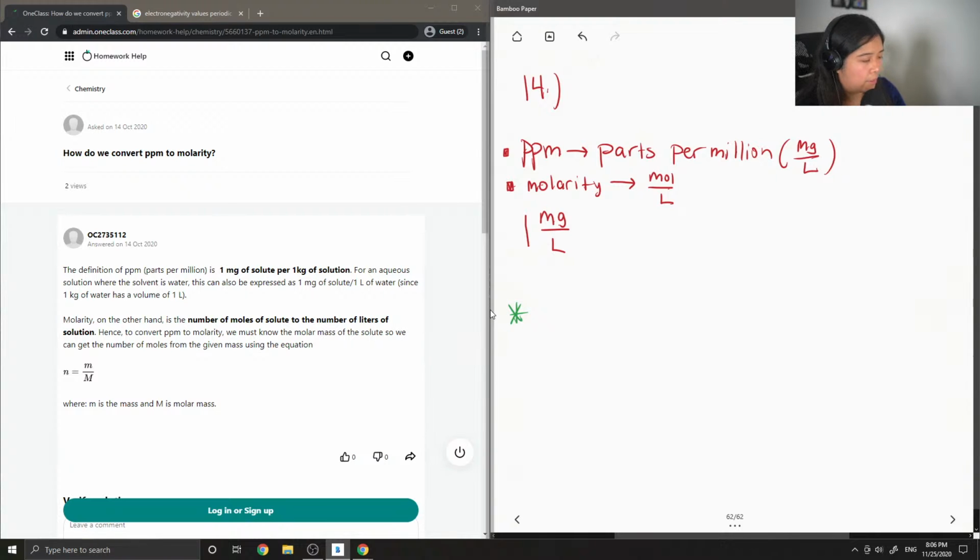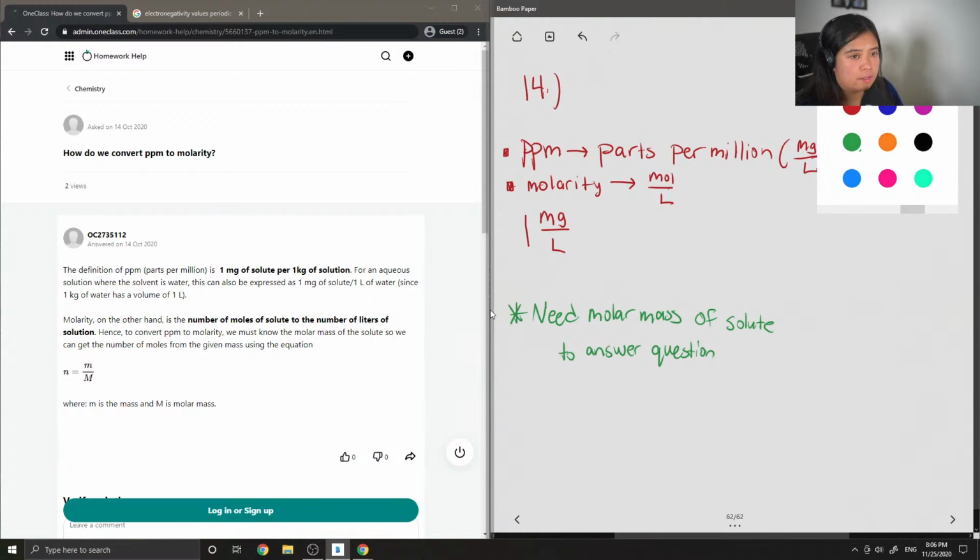So therefore we need the molar mass of your solute to answer the question as well. So it's not just a simple conversion. We're also going to need the molar mass of that substance.